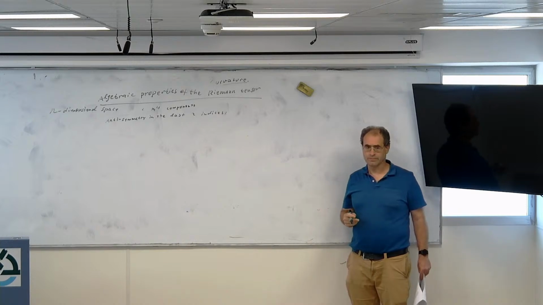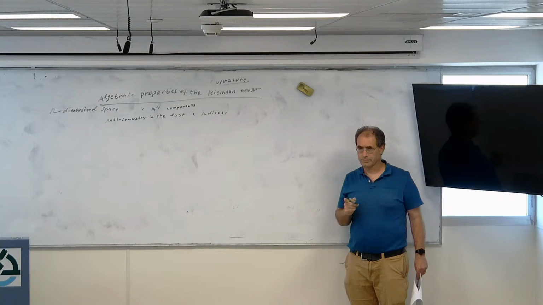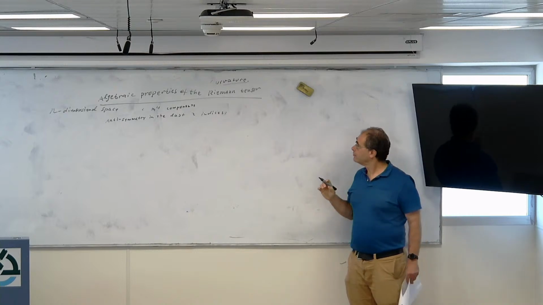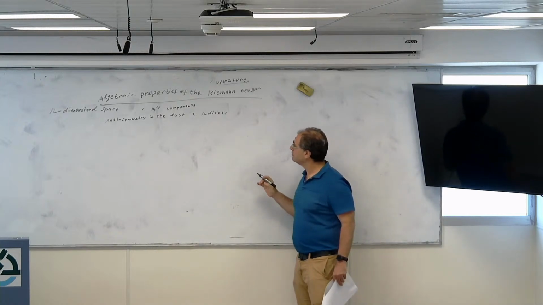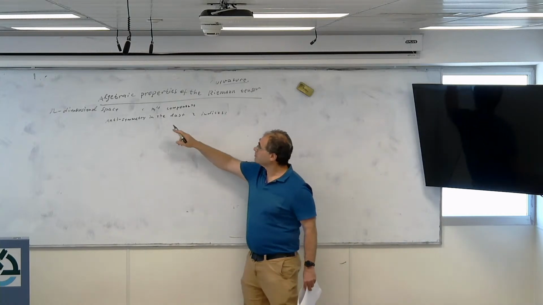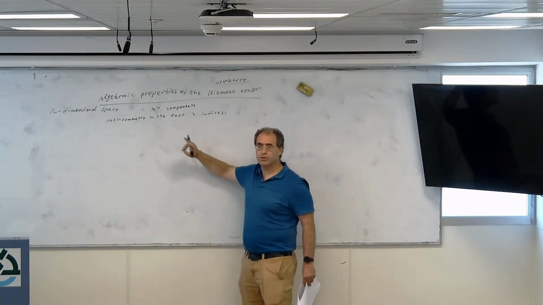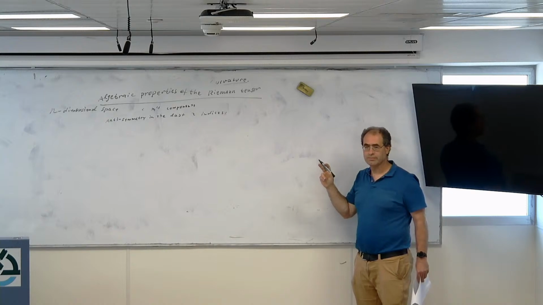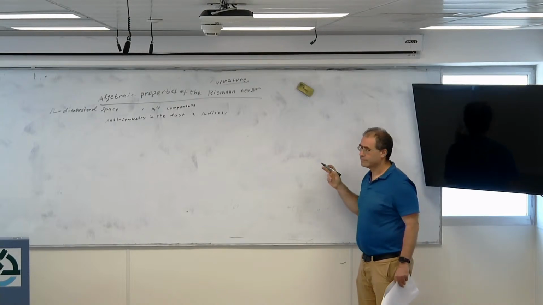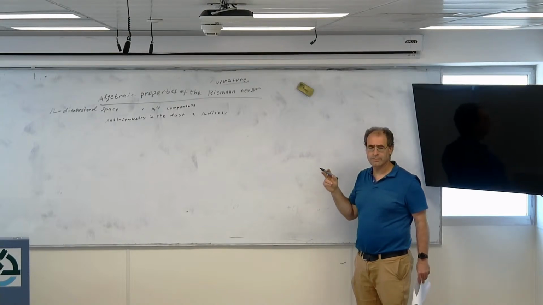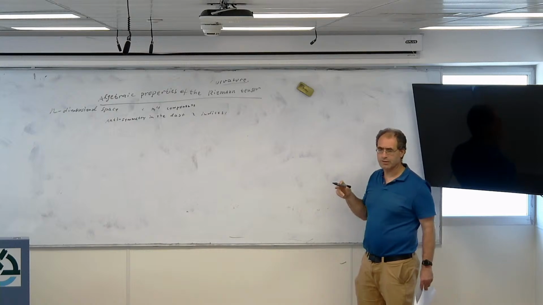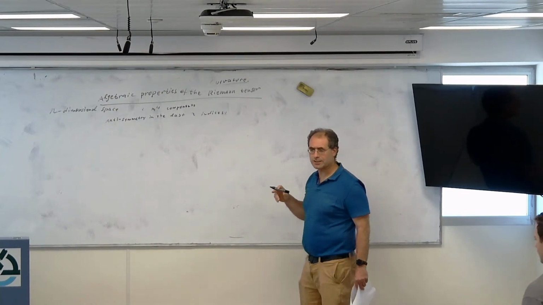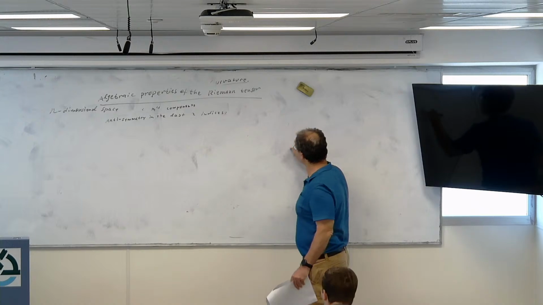Not exactly n squared, and not exactly half n squared, because I need to count the diagonal.